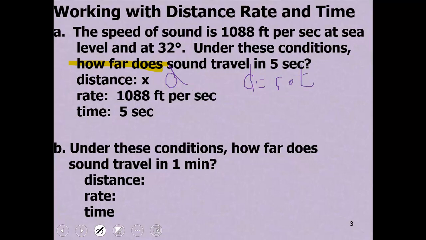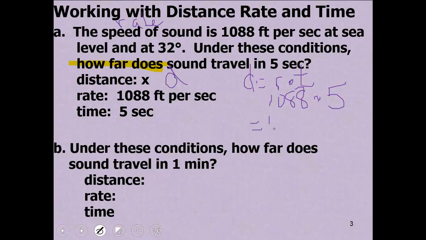The rate, it says the speed of sound. Anytime you see the word speed, that's a rate. If you're going 60 miles per hour, your rate is 60 miles per hour. In this case, we're going 1,088 feet per second. And then we're looking for how long we're traveling at that rate, so times 5 seconds. So how far did we travel?